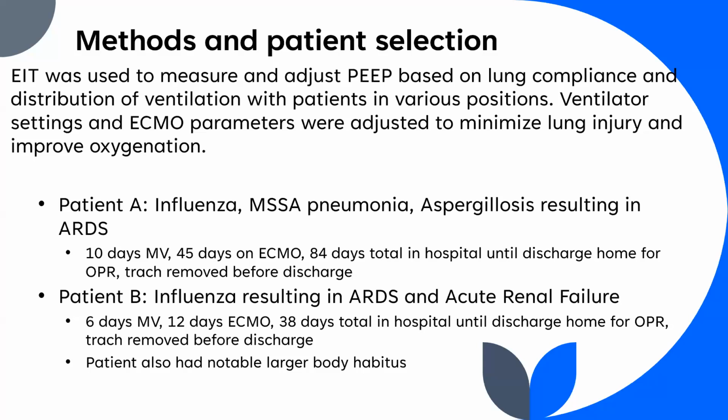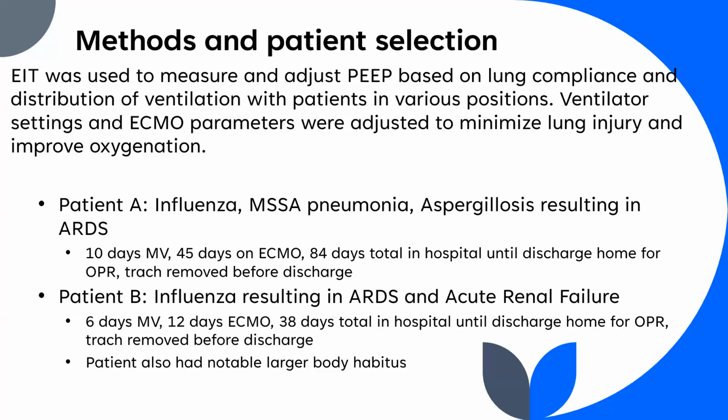Patient B was on mechanical ventilation for 6 days prior to being placed on ECMO, was on ECMO for a pretty short run of only 12 days, 38 days total in hospital until they were able to discharge to home as well for outpatient rehab, and also thankfully were able to have their trach removed before discharge. One of the barriers for this patient was that they had a notably larger body habitus, but was thankfully able to be cannulated.